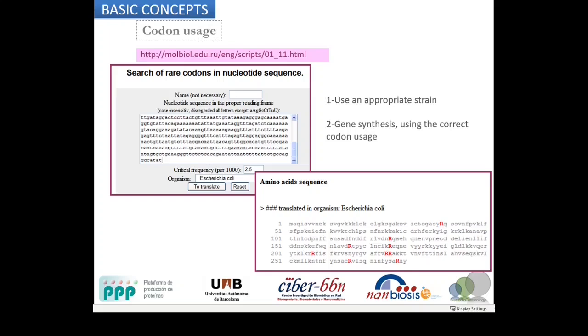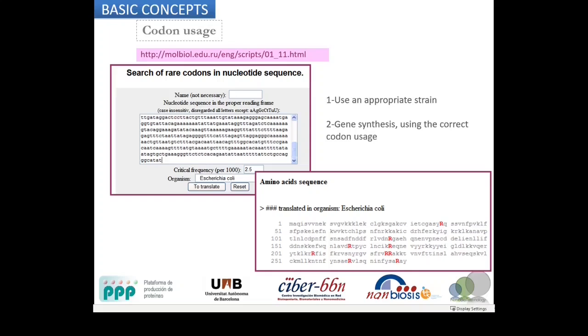Each expression system has a specific codon usage, and this codon usage leads the cell to produce proteins, taking into consideration that when a protein has several domains, in order to get a properly folded domain, it's necessary to have a reduction in the rate of translation in order to leave this first domain that is appearing enough time to get the proper conformation.